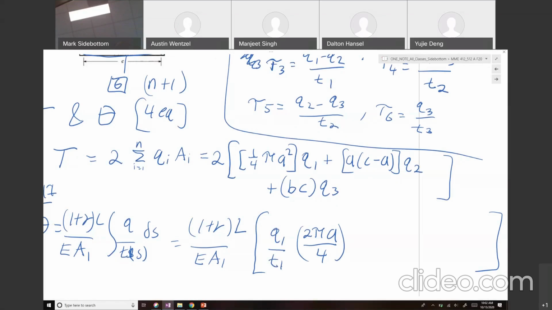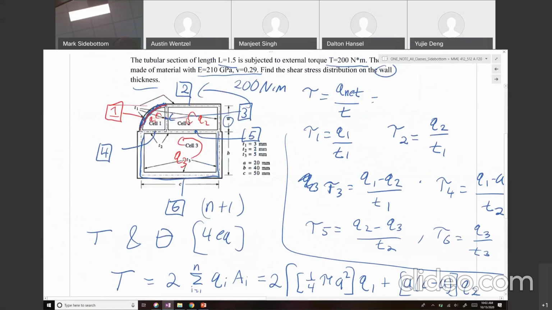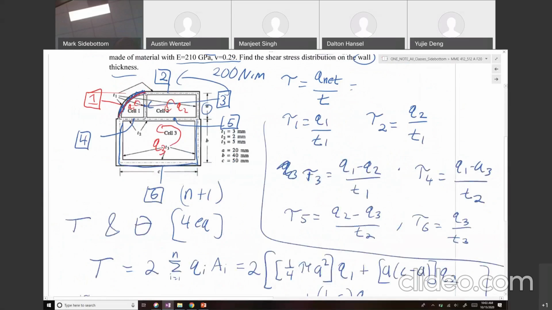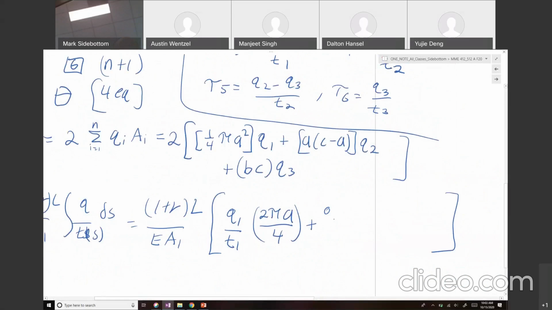The second part of the cell, which is wall 3, which we defined earlier, has shear flow equal to Q1 minus Q2 over the thickness of that section, which is T1, times the length of that section, which is just A.